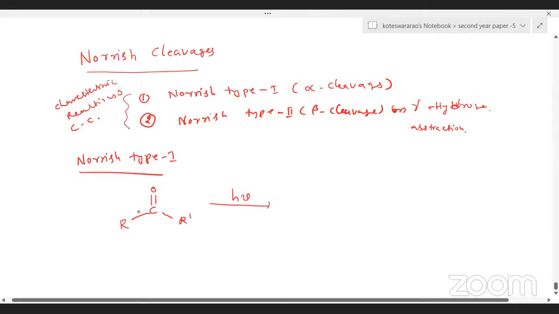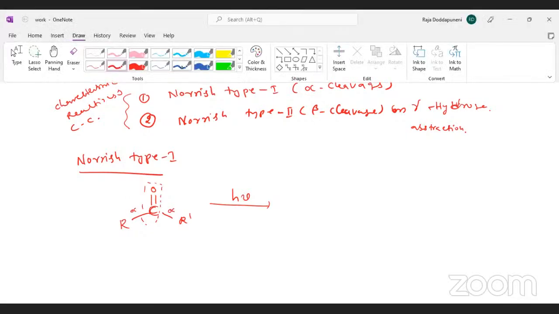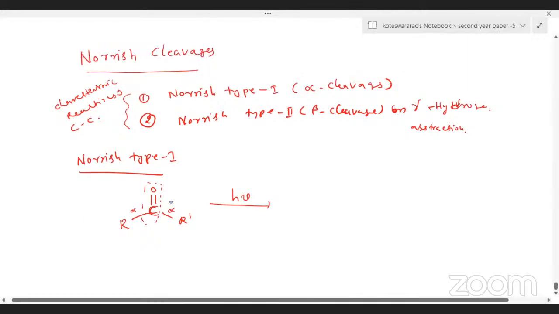This is the carbonyl group. Other than the C double bond O, the next sigma bonds directly attached are known as alpha bonds. These alpha bonds undergo homolytic cleavage whenever we irradiate with light.